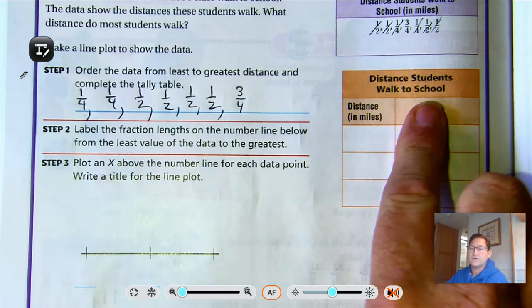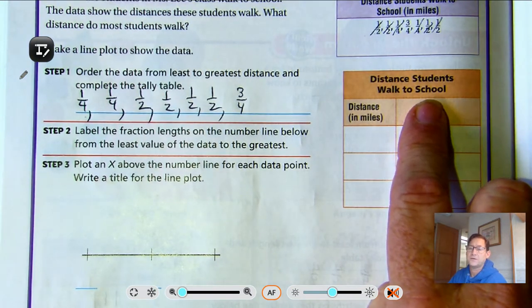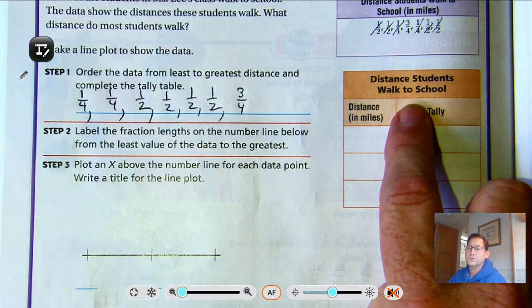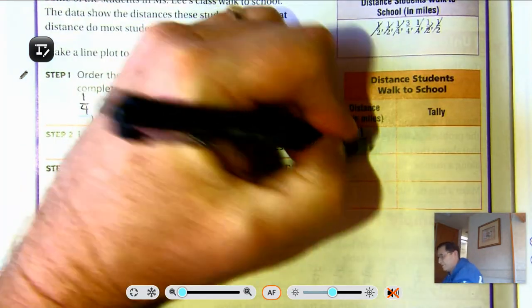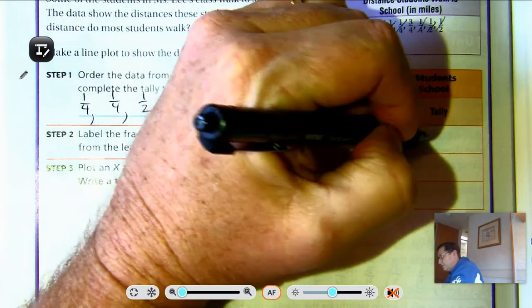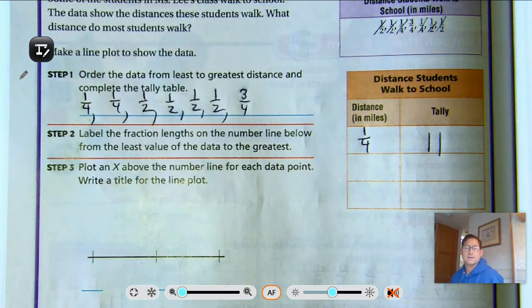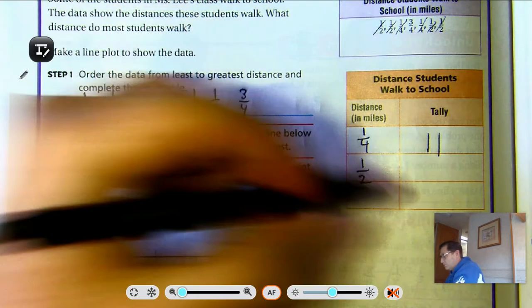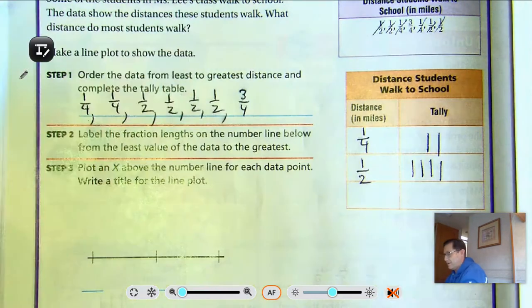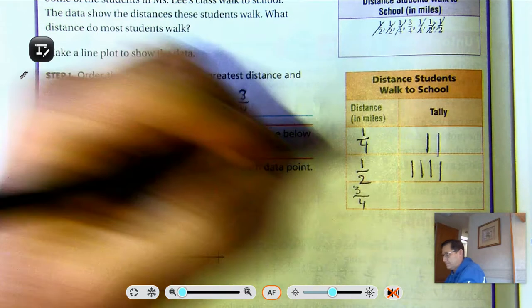Okay, so it makes sense to have the title of our tally chart to be called distance students walked to school. Distance in miles, 1/4. And there were 2 students. 1/2, 1, 2, 3, 4 students. And 3/4, 1 student.